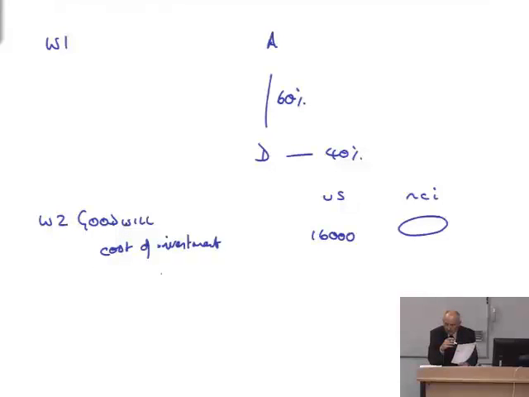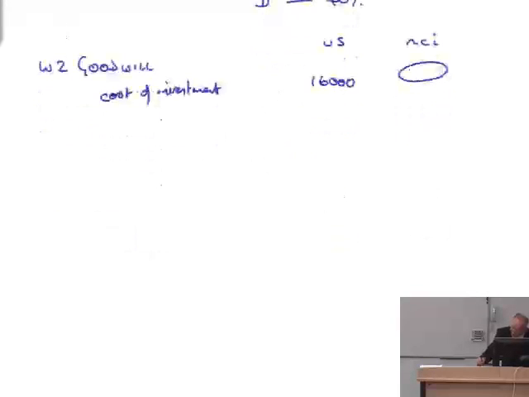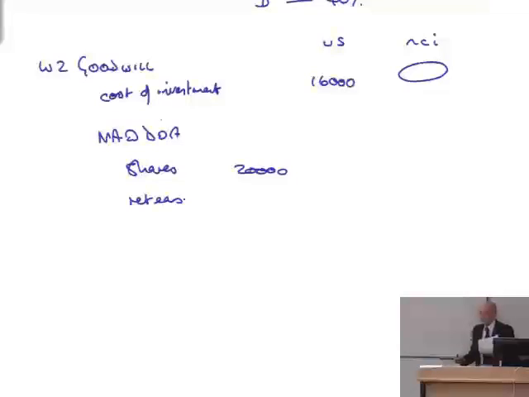We do know that. If I now look at the net assets at date of acquisition, that's shares, 20,000. Retained earnings.